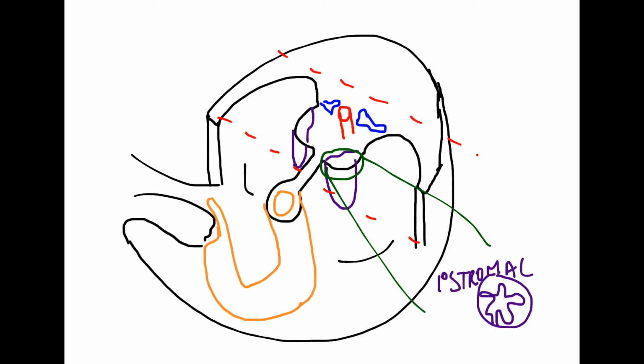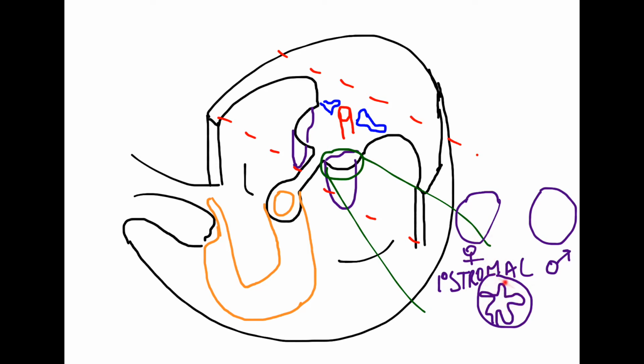We have the male and then we have the female. So I'm just going to draw male like this and female like this. With the female, these primary stromal cells that will develop will form the rete ovary.